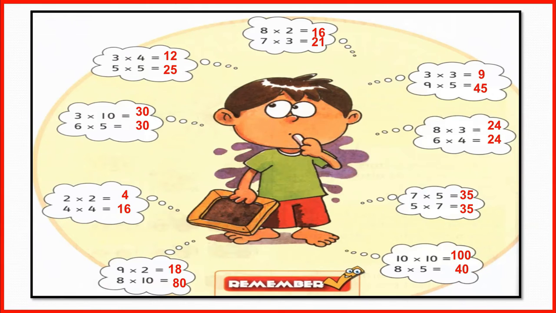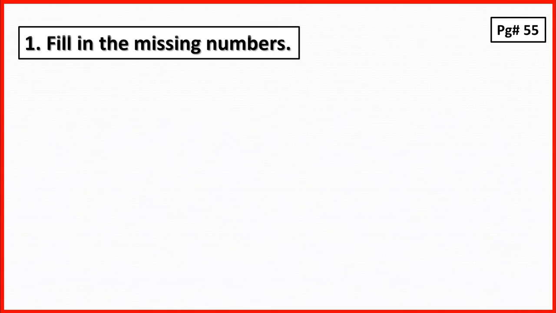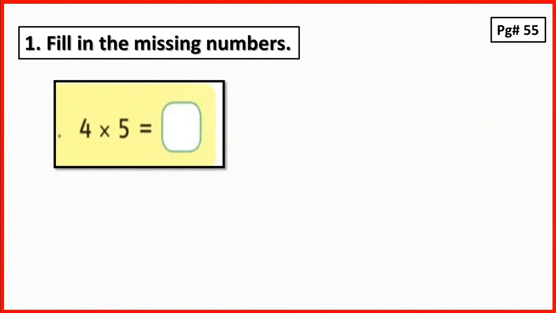Okay, very good. Now I am going to do page number 55, question number 1. Fill in the missing numbers. Let's start. What number comes when we multiply 4 times 5? Yes, 20.